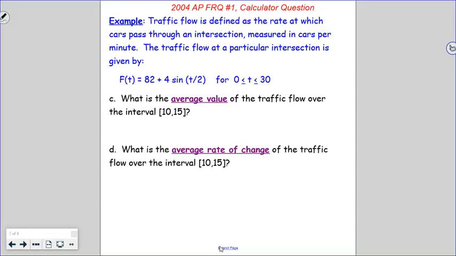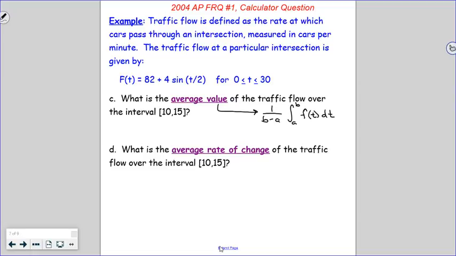For average value, you have a function, you have a formula, and we need to make sure that we remember the formula. Your formula is 1 over b minus a, times the integral from a to b of your function, whatever that is.